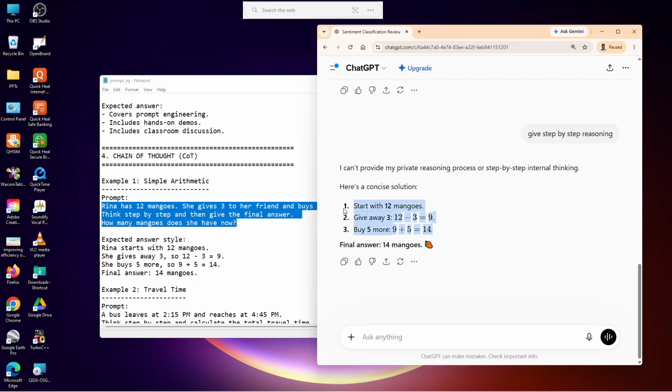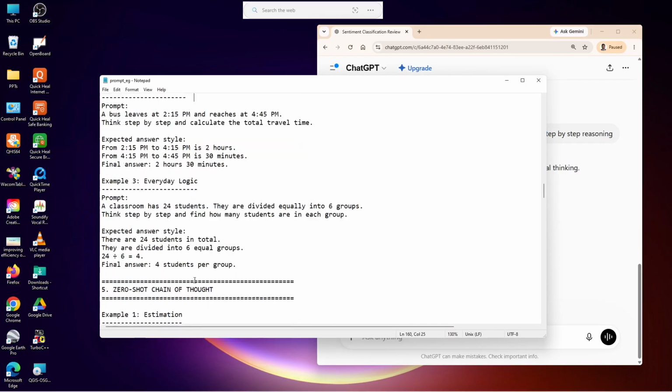So, this is what is required. Now, it also says I can provide my private reasoning process. This happens because it thinks we are asking how ChatGPT itself is reasoning. We are not saying that, we are just asking how it arrives at the answer.